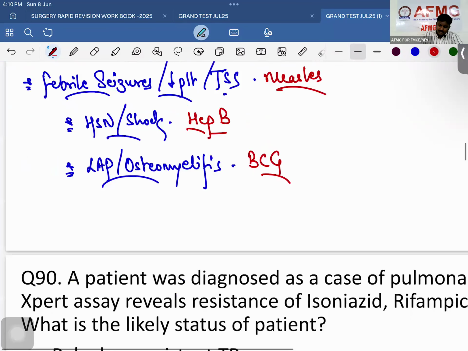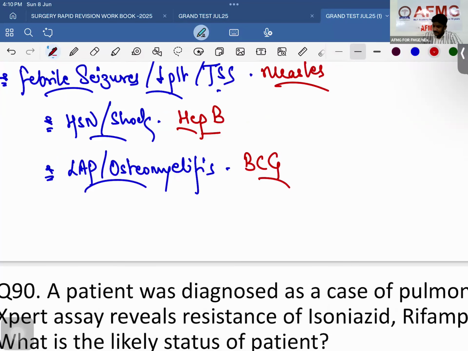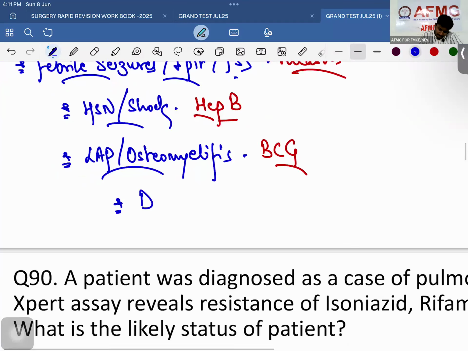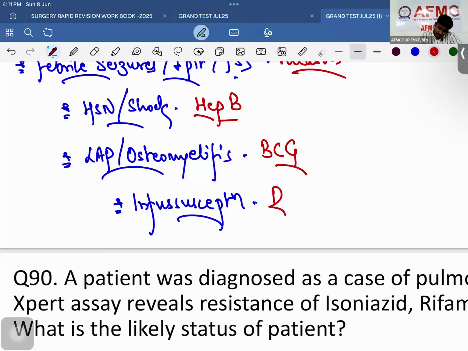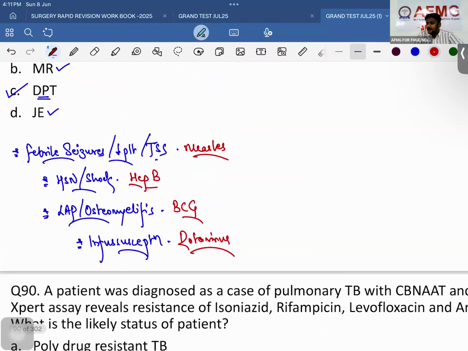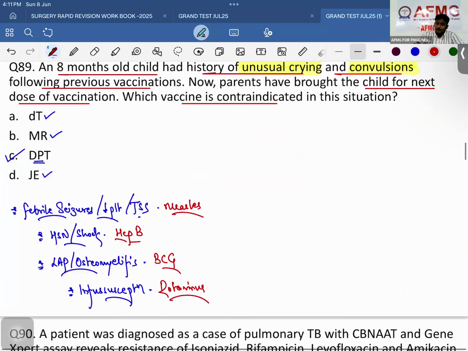This is an adverse event basically due to BCG. That is what is important to be remembered. Okay, diarrhea or intussusception to be specific: rotavirus. So diarrhea causing intussusception later on is going to be rotavirus. Hopefully clear. So remember, these are the important points about the adverse events or side effects following immunization. That is why you have to keep the person under observation for a minimum span of 30 minutes, beta.